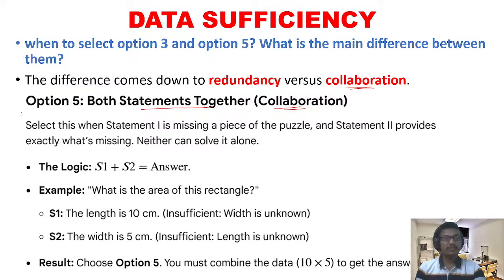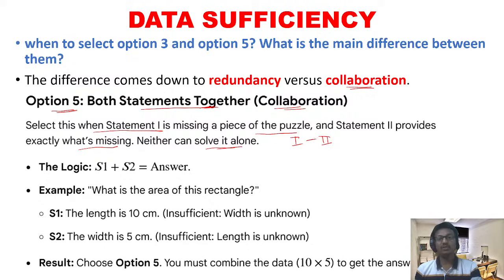Now we are looking at option 5. Both statements together, that is called collaboration. Statement 1 is missing a piece of the puzzle, and statement 2 provides exactly what is missing. Neither can solve it alone. Statement 1 alone cannot give you the answer, and statement 2 alone cannot give you the answer.